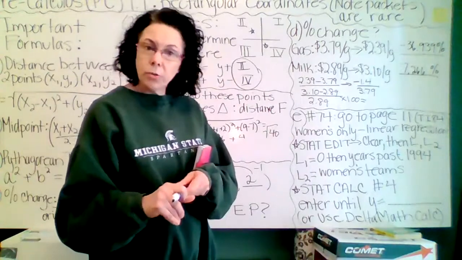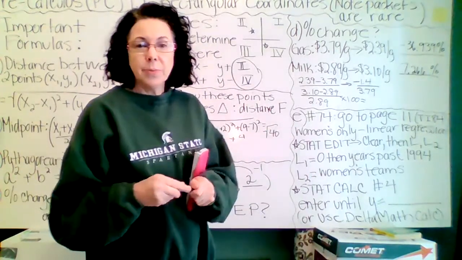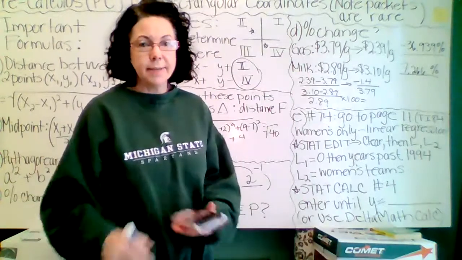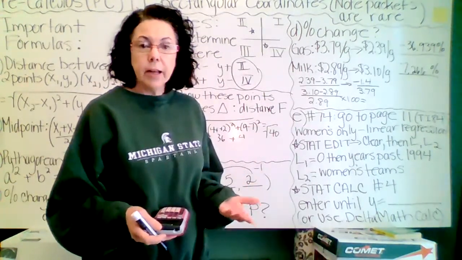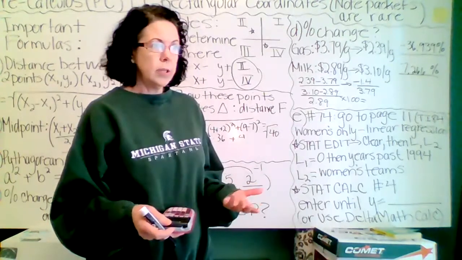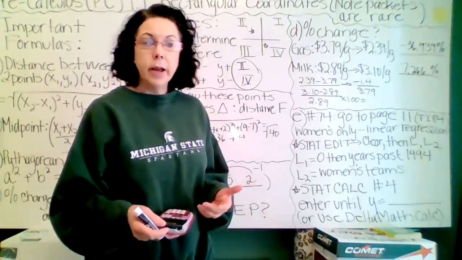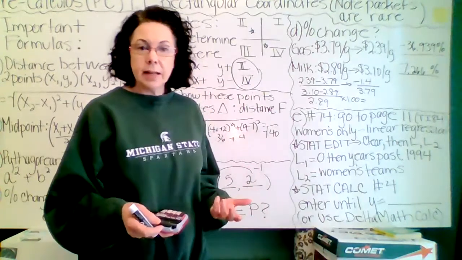Please note when you look in your book that the years are from 1994 to 2007. That is not how we put the time into the calculator, right? Your calculator doesn't know that 1994 is a year. It thinks it's 1,994.